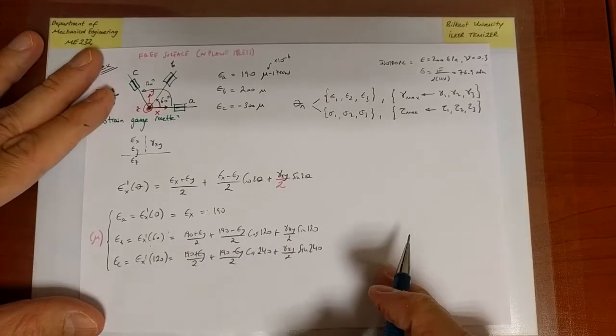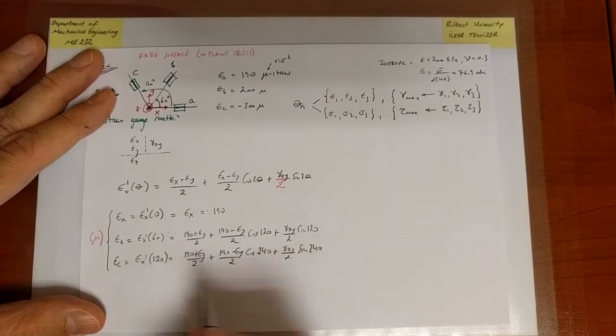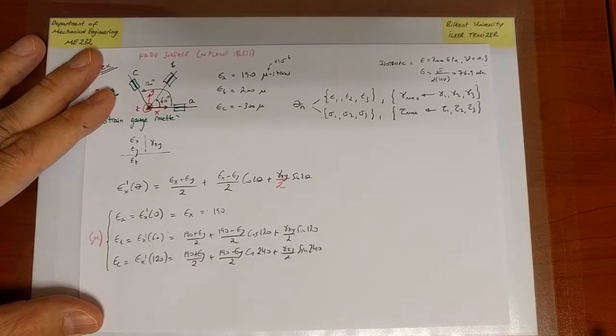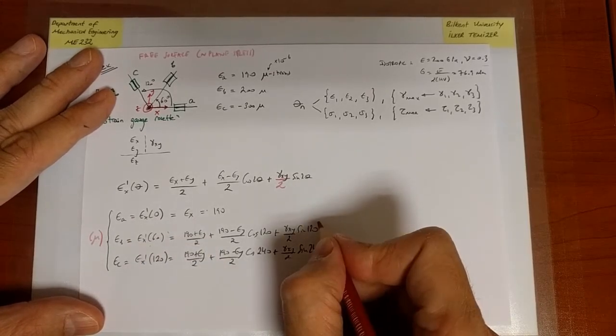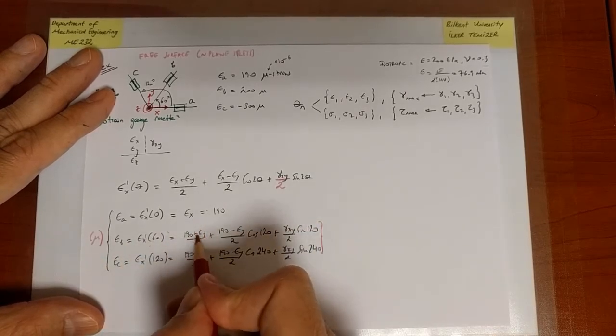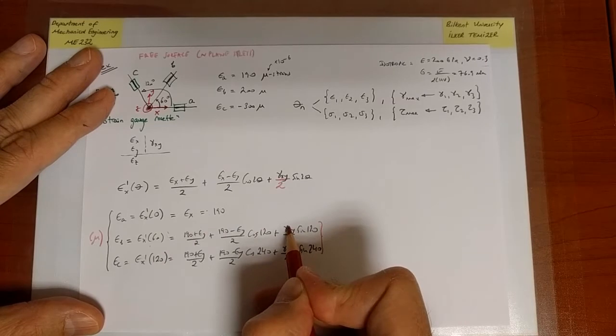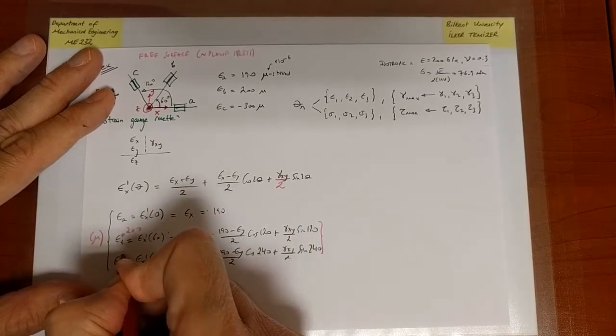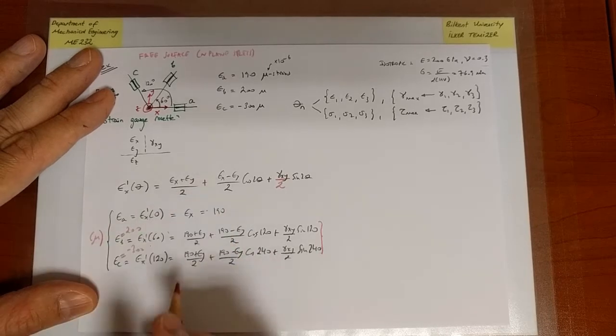Okay, so I already know epsilon x. I use it in these equations, and these two can be solved for epsilon y and gamma xy, because I know epsilon b is 200 and I know epsilon c is minus 300.